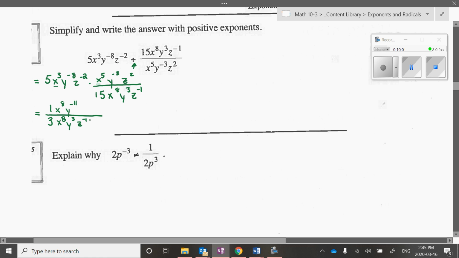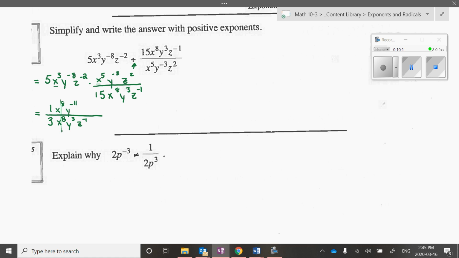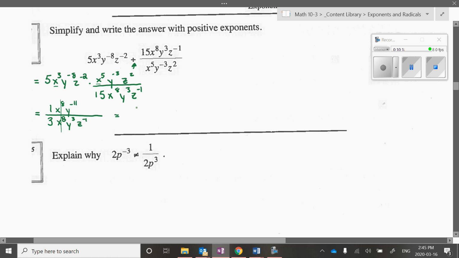From here, visually, I can see right away my x's are going to cancel. My y's, I have negative 11 of them, but that's in my numerator, so those are going to move down. So I'm left with 1 up top, 3, and then y cubed, y to the 11, z's to the power of negative 1, so that guy gets moved up.